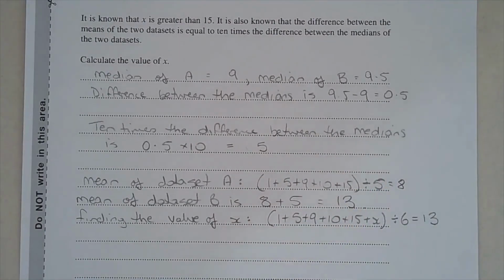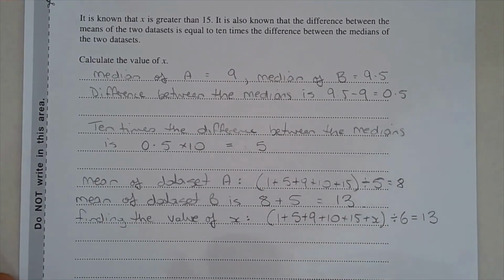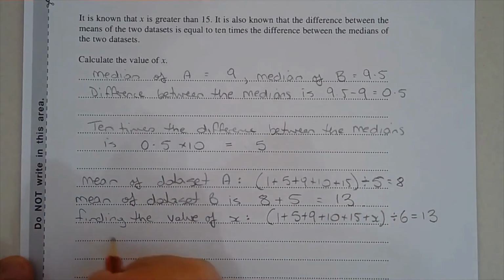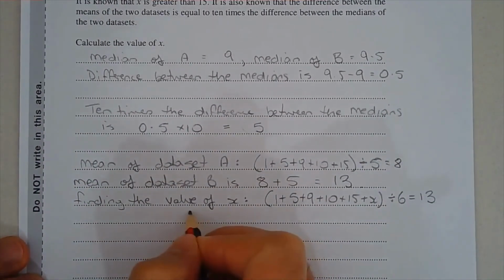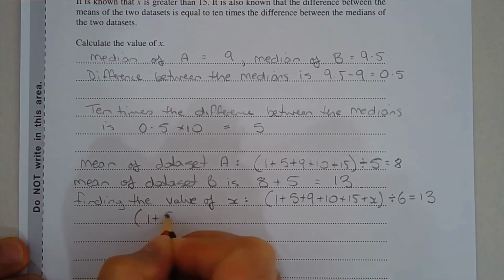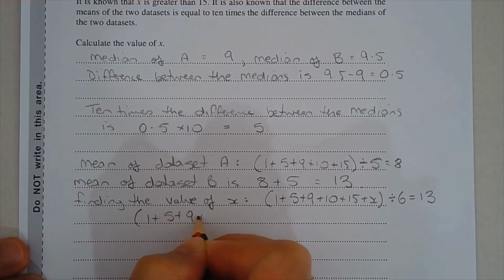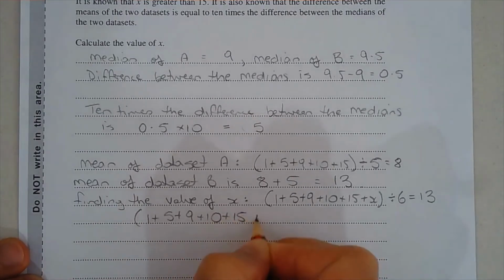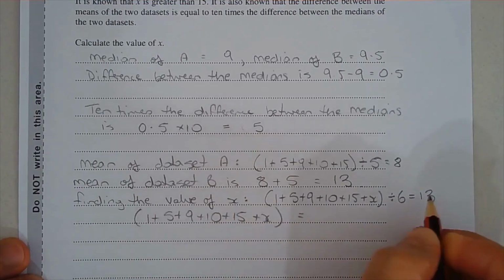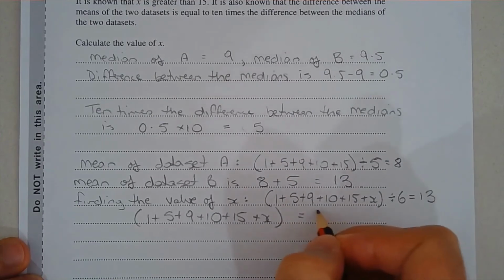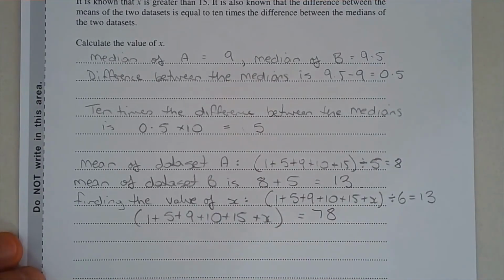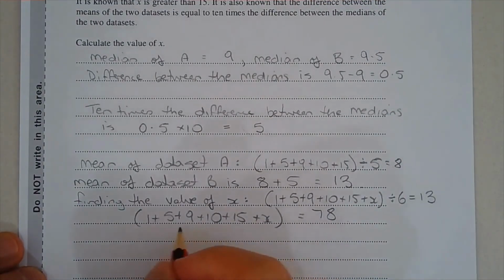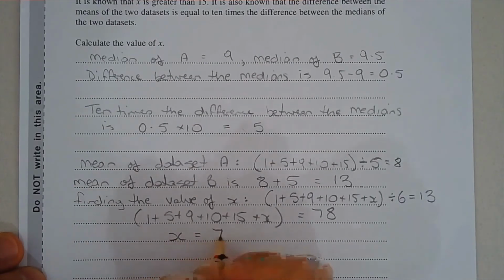So let's multiply both sides by 6. I'll do this in a few steps. So 1 plus 5 plus 9 plus 10 plus 15 plus x is equal to 13 times 6, which is 78.